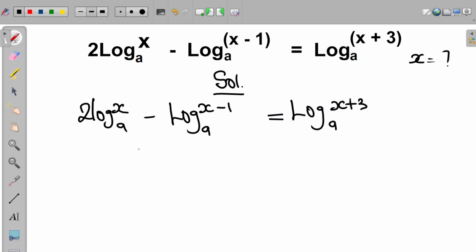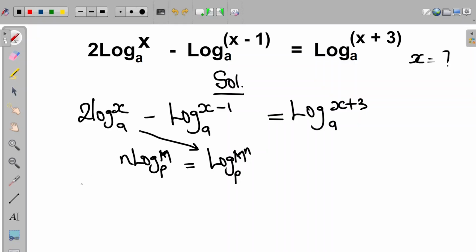Now, in our laws of logarithm, we have it that if n multiplied by log m to base p, this can also be expressed as log m raised to the power of n to base p. So now we can apply this law at this point.